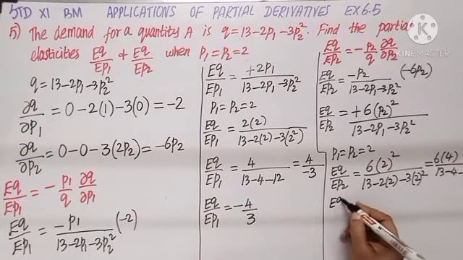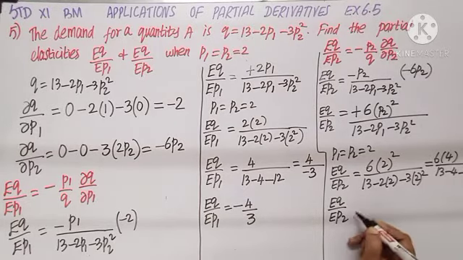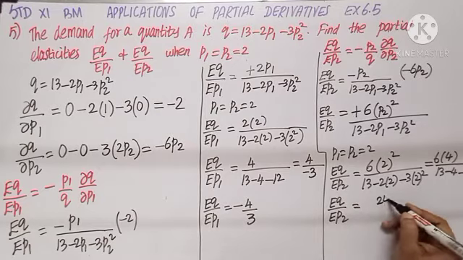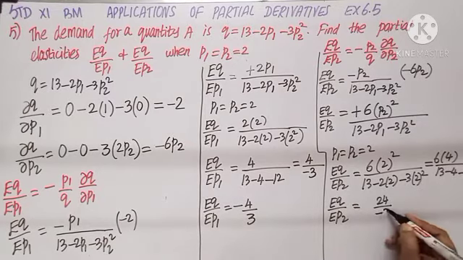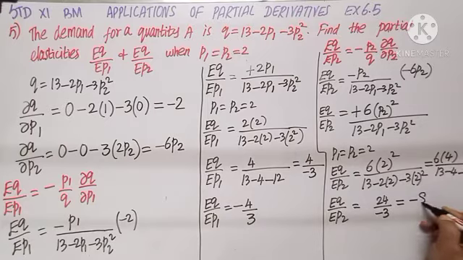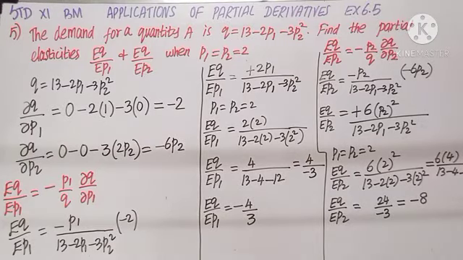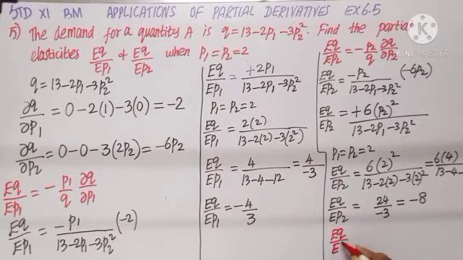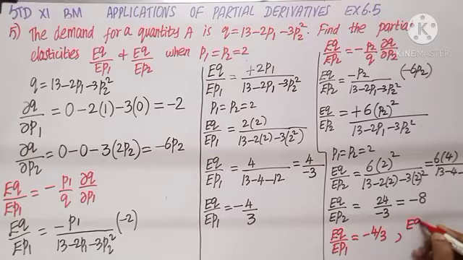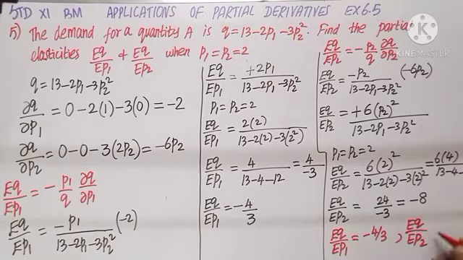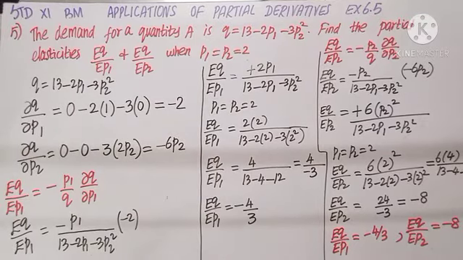That is EQ by EP2 equals 24 divided by minus 3, or I will say minus 8. Let us take and write the answer. EQ by EP1 equals minus 4 by 3. EQ by EP2 equals minus 8, and hence the problem.